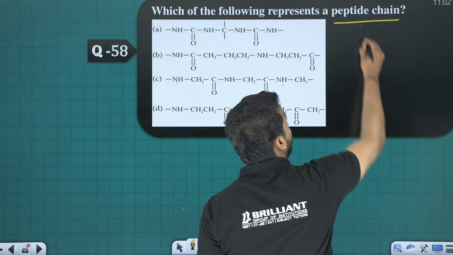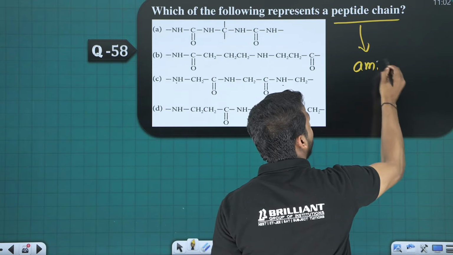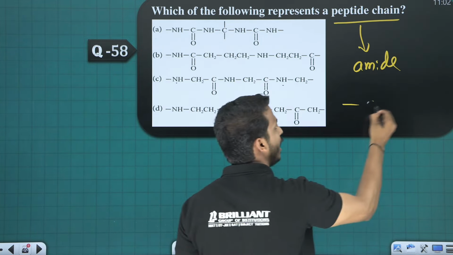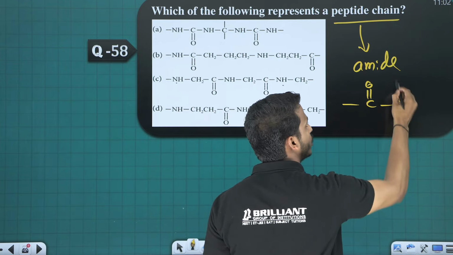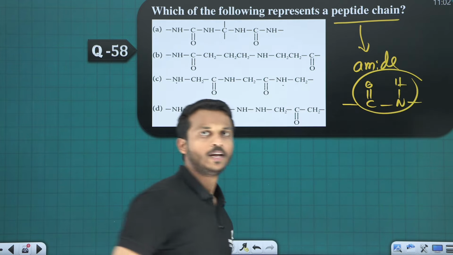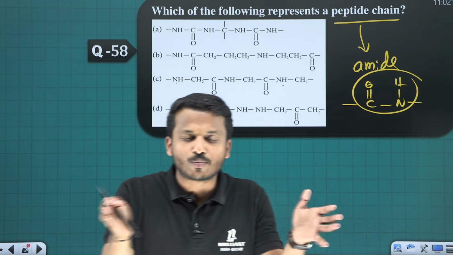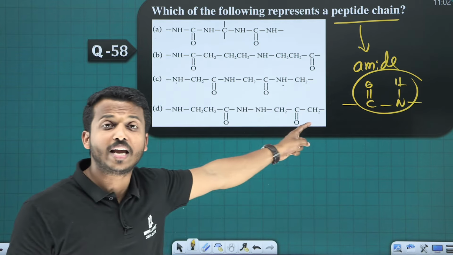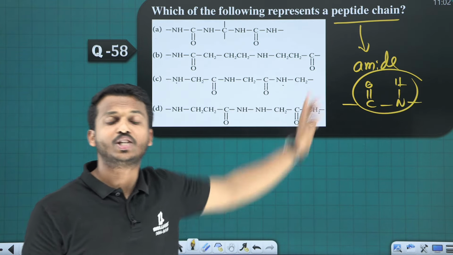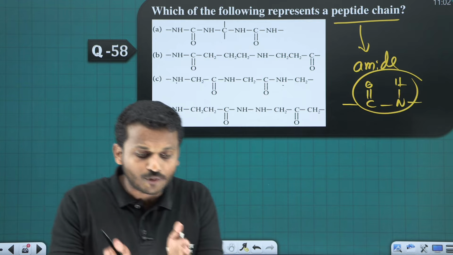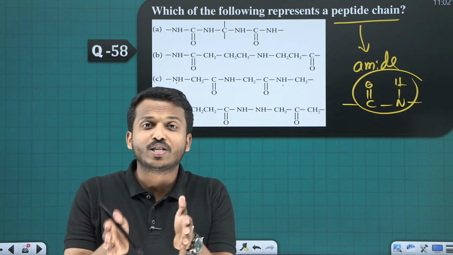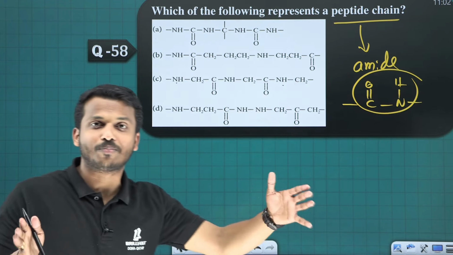Which of the following represent a peptide chain? Dear all, peptide chain is an amide linkage because it contains CONH connection, amide bond. When two amino acids join, you can see the linkage C double bond O NH connection. Check after a particular interval where this group is repeated. That is the protein chain.